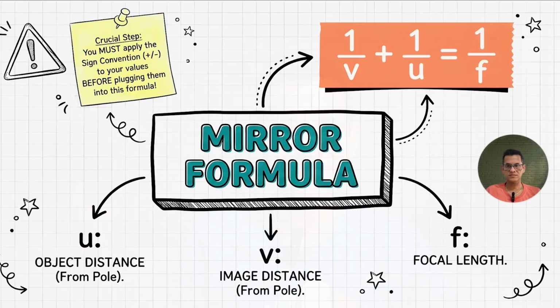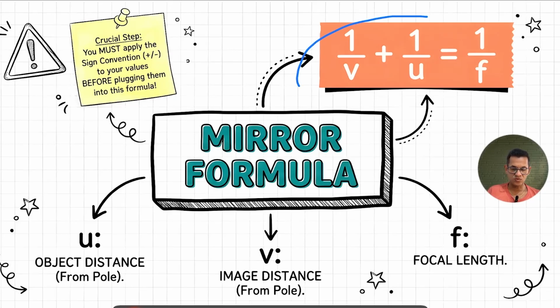Now in this part, we are going to understand how to solve the numerical problems related to mirrors. For this, we have to use something called as the mirror formula. So the mirror formula is given as 1/v + 1/u = 1/f. Now here u is the object distance.